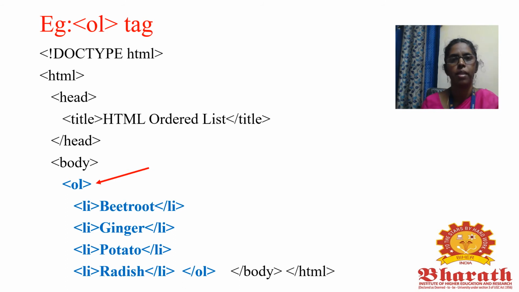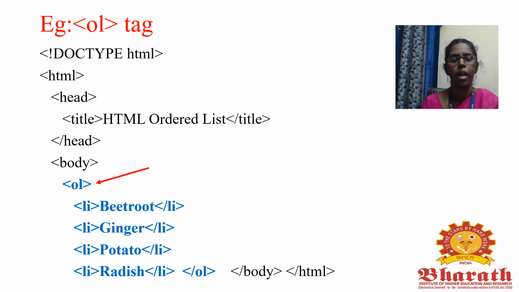So that specifies the type of the HTML as well as the version of the HTML. Then HTML program starts with HTML tag. Within the HTML we have to specify the head. Within the head we have to specify the title of the program. And the next one, within the body we have to specify the ordered list. So ordered list, the corresponding tag is OL.